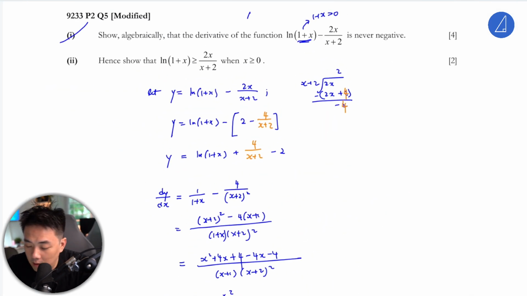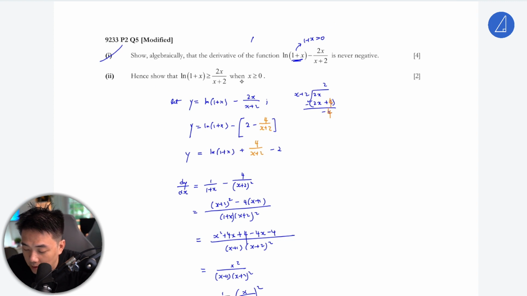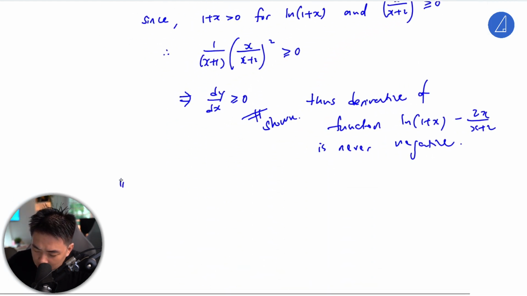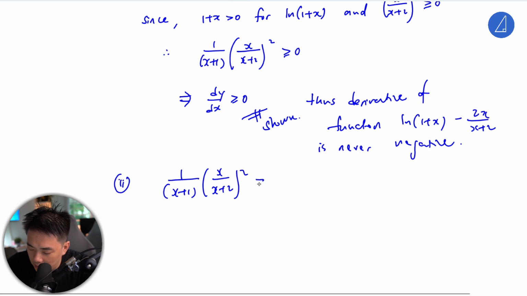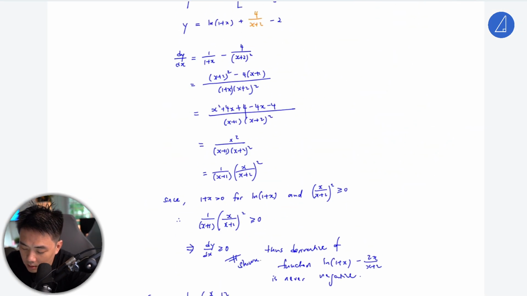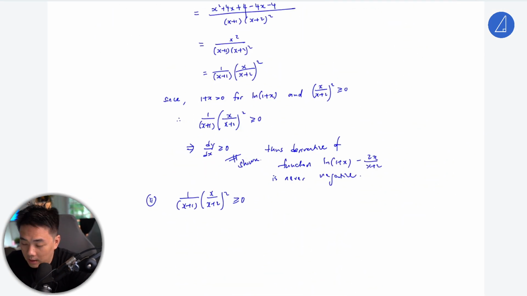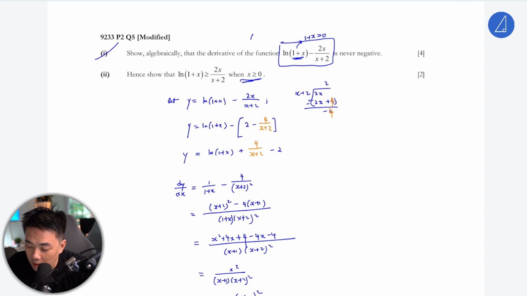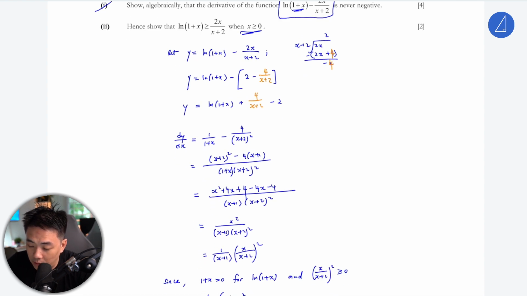So hence show that ln(1 + x) is bigger than 2x over x + 2 when x is at least 0. Okay, let's try and see. For part 2, I took the wrong function here, I should look at the previous result, which is never negative.